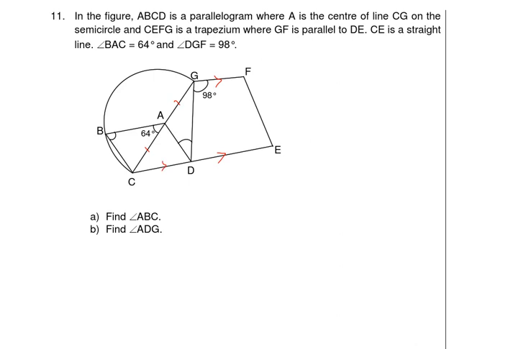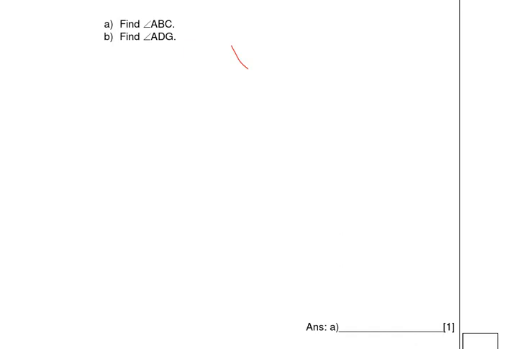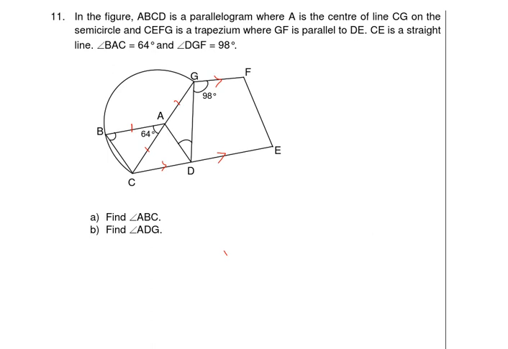Okay, good. Now, CE is a straight line, and we have these two angles outlined for us. Now, given that A is the center of CG, someone was telling me that I must also put a line here. But which part of the question asks you to put a line there?